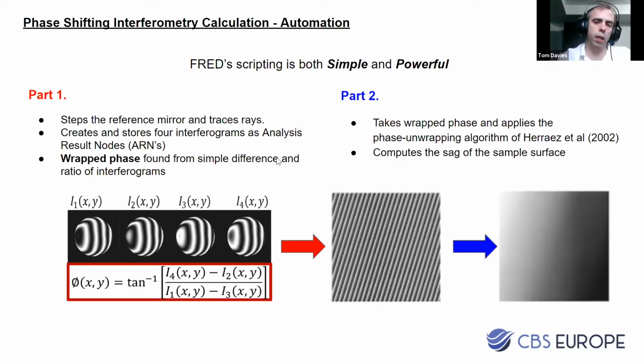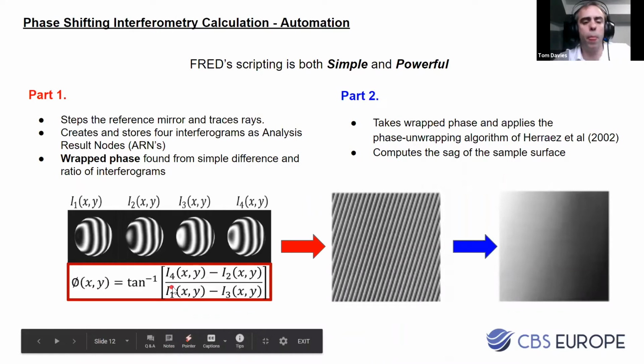Phred has a nice built-in scripting language, which is really simple to get started with and powerful, and allows you to automatically step through the positions of the reference mirror, do the ray trace, calculate the interferogram 4 times and save the data into what in Phred terminology is an analysis result node, and then combine it to create the wrapped phase found from the simple difference and then the arctan.